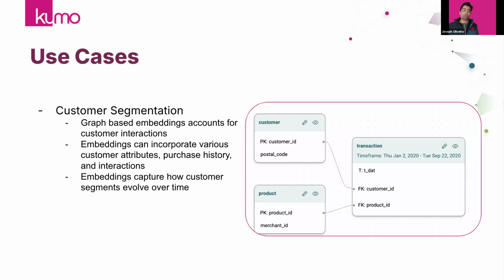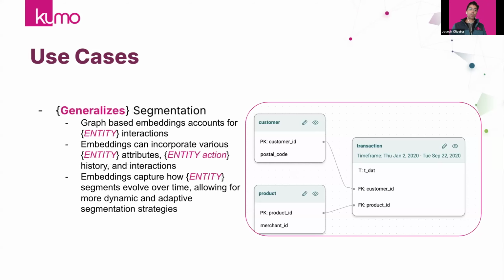That graph-based approach accounts for customer interactions in a way that flat single tables will not. Embeddings incorporate various customer attributes, purchase history, and interactions, and they also capture how those customer segments evolve over time. But the thing is, embeddings, or graph neural networks, are much more general than that.